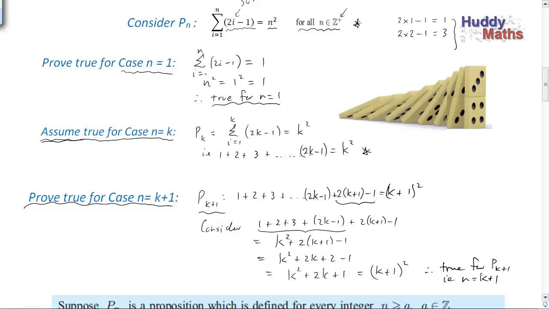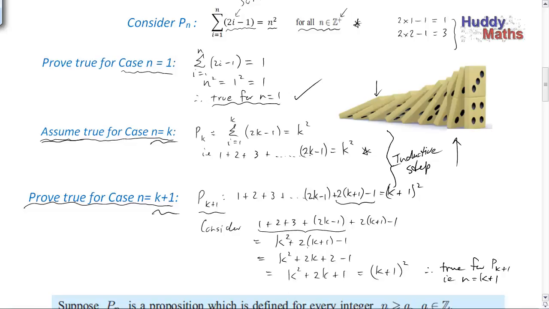Now, what have we just done? Have a look at the dominoes. Got a clue? What have we done? Well, we've pushed the first one over, and that's that line. It's true for the first example. And then this line, which is called the inductive step, says what? It says if we assume it's true, then the next one will be true.